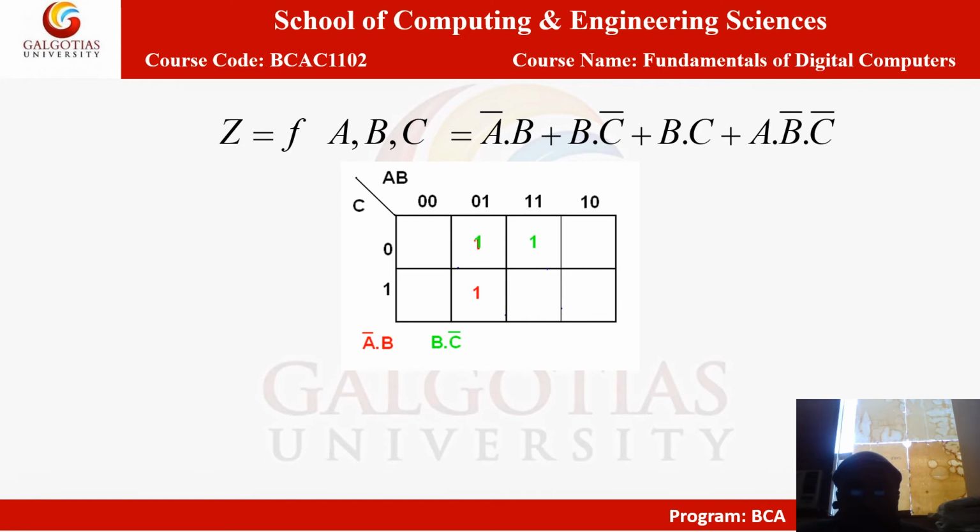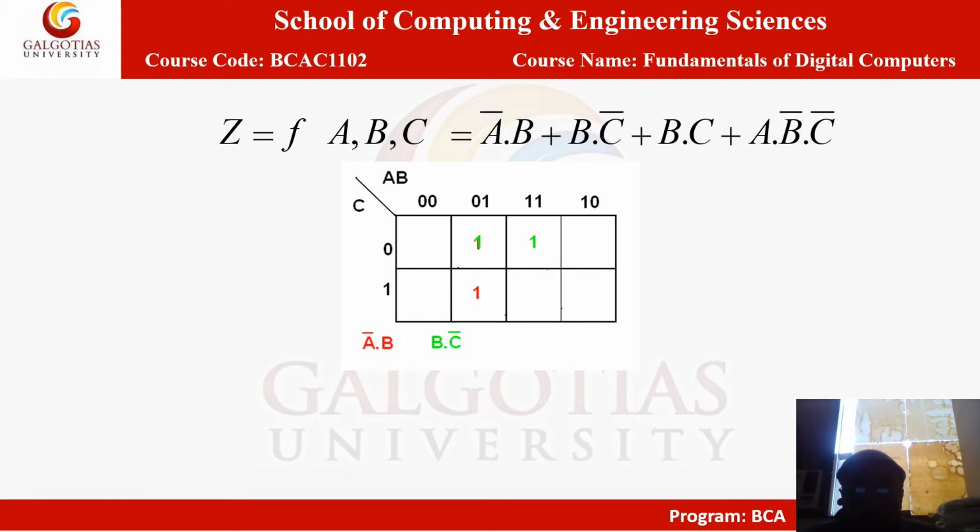Now consider the third term. The third term has value B equal to 1 and C equal to 1. B equal to 1 is represented by these two columns, the second and third columns. B equal to 1 and C equal to 1 is represented by the second row. So again these two cells will have 1 1. Yes.